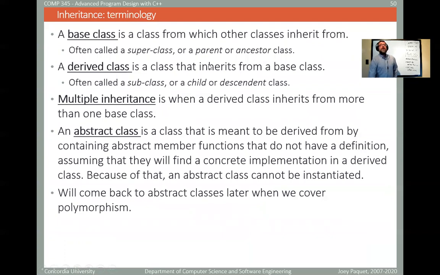Okay, terminology here very quickly. You have the notion of a base class, which is the class that is above, you might say, in the hierarchy. However, in C++, you can have multiple inheritance. So it's no longer a tree, it's rather a graph. It's somehow wrong to say that if a class is above, it's above in a hierarchy.